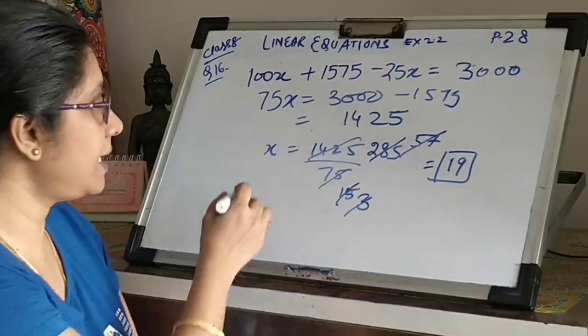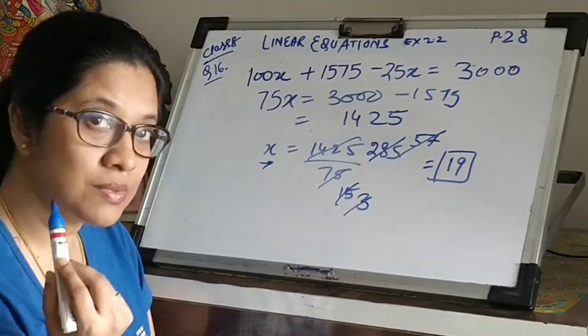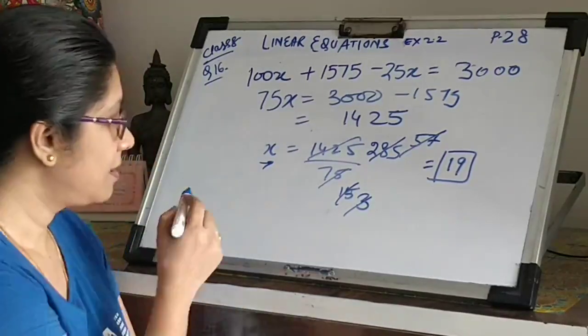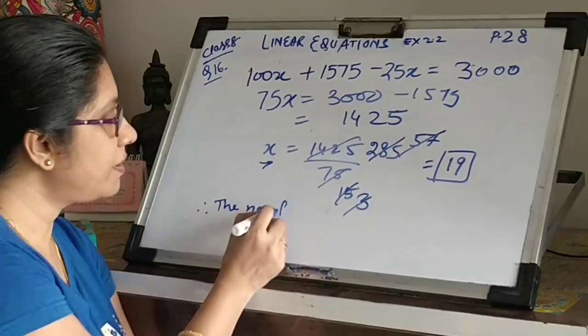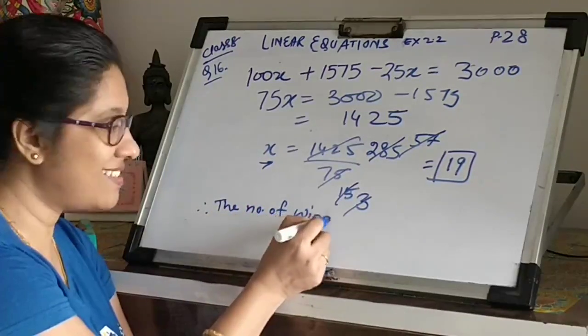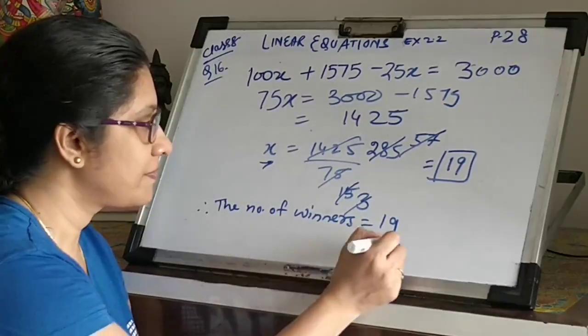So what is 19? x. And what is x? We had assumed x to be the number of winners. Therefore, the number of winners is 19.